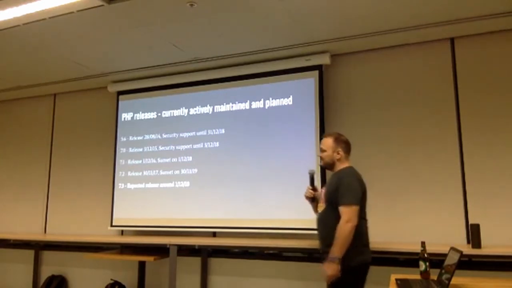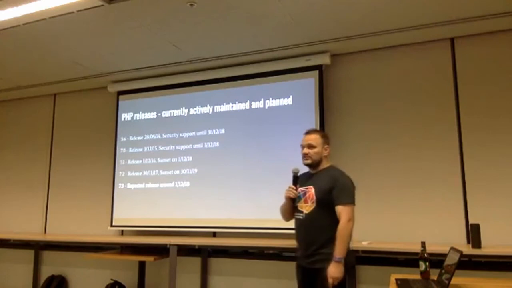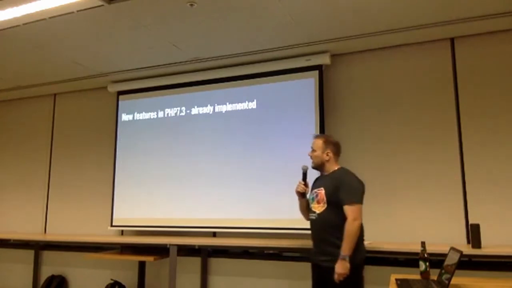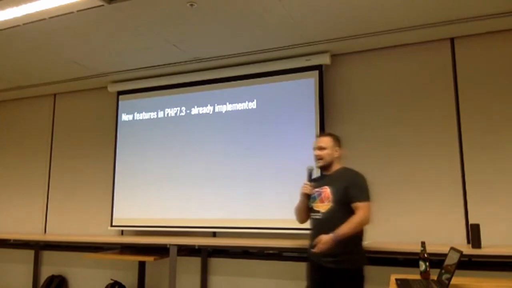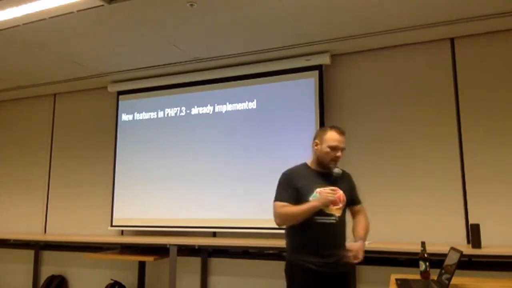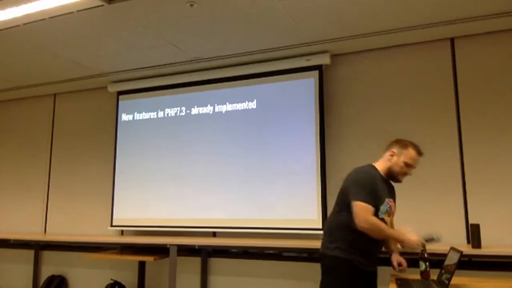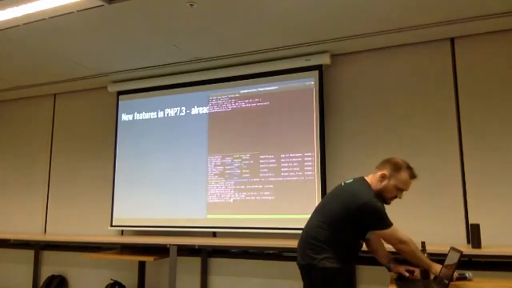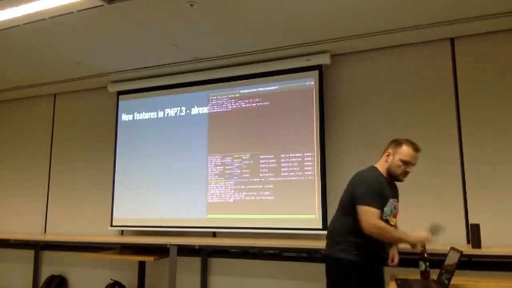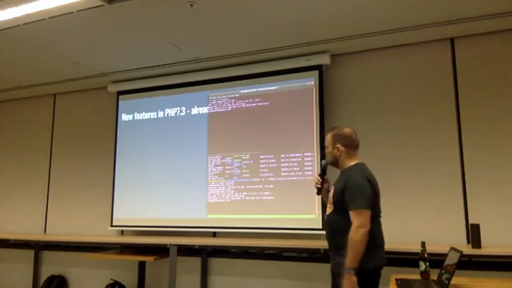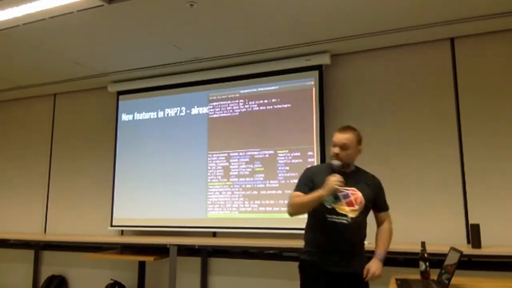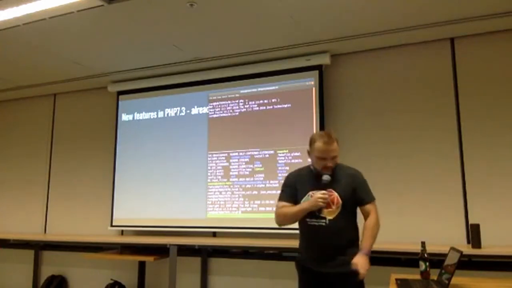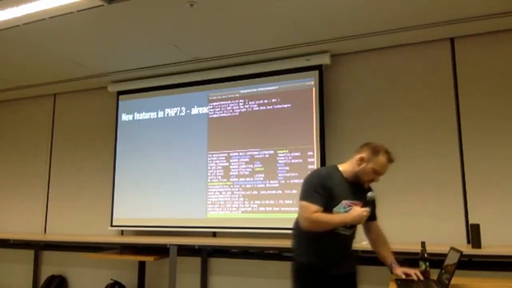That being said, since 7.3 is already in the works for quite some time now, there are some new features that I would like to showcase with actual code. Just a second. So as you can see on the screen, let me zoom in. These are 2 Docker containers.